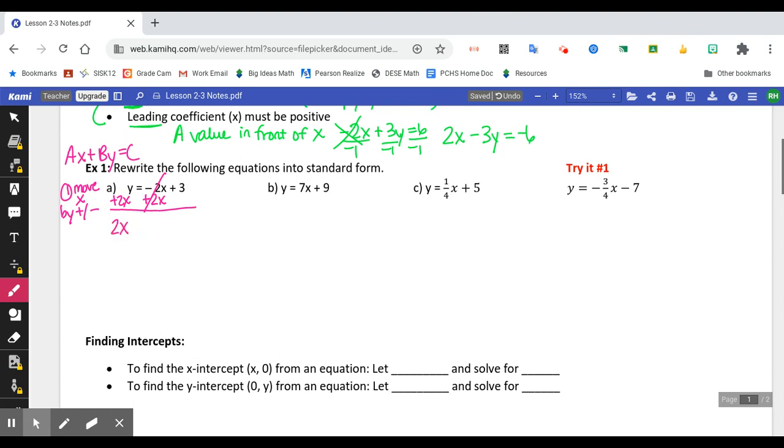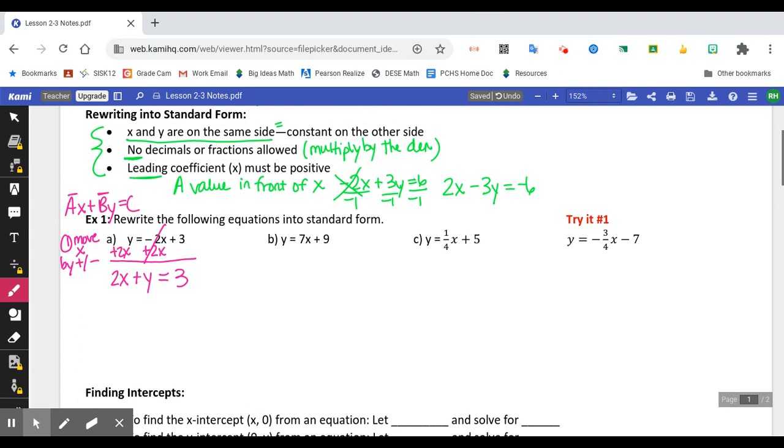So 2x plus y equals 3. I started with x because it's ax plus by. So in that order. Okay, so let's check our rules. X and y are together, so that one's good. No decimals or fractions, so that one's good. And the leading coefficient is a positive, so we're all good. This would be my answer in standard form.